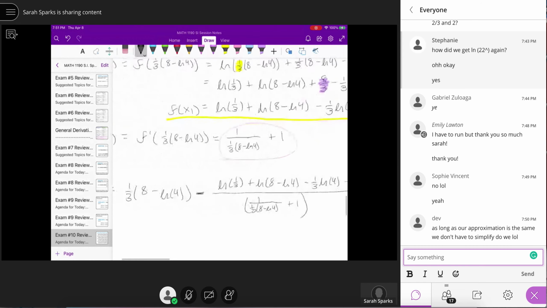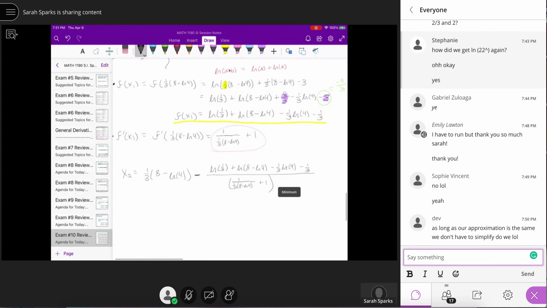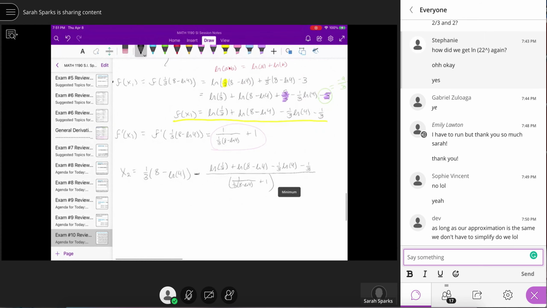Okay. So I can't really zoom out anymore, but that is our x2 if we want an exact form.